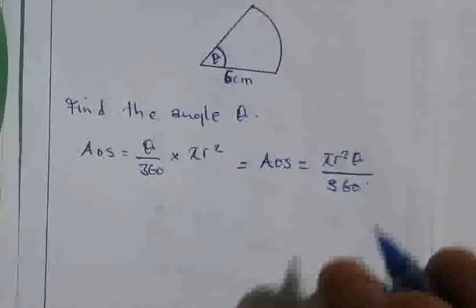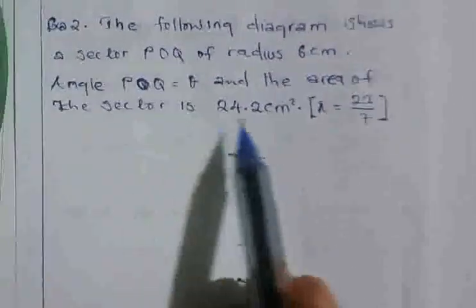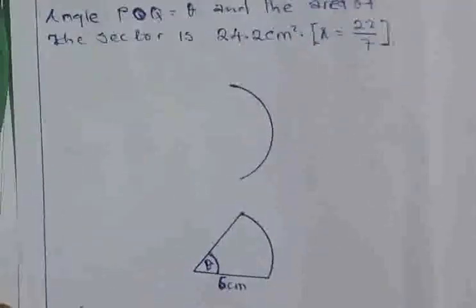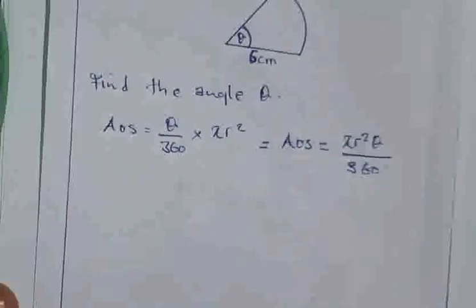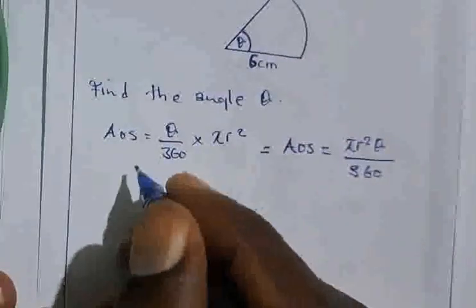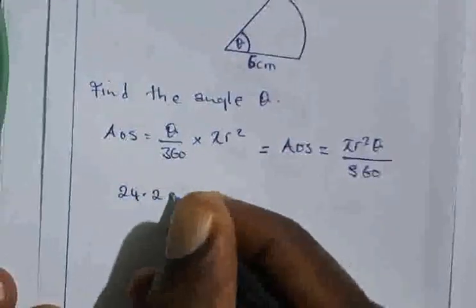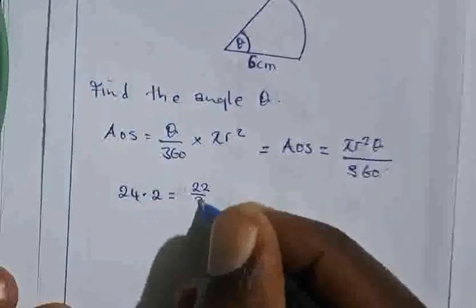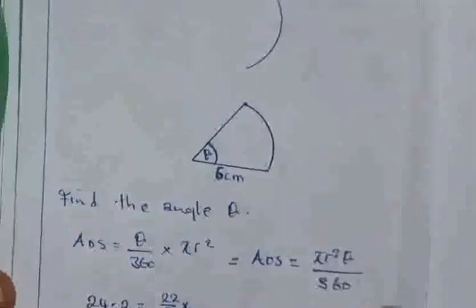Okay. Let us substitute. We already have this area of the sector, isn't it? Because we're given in the question that the area of the sector is 24.2 square centimeters. So we're going to substitute here. So on substituting, remember, area of a sector here, it's going to be 24.2 is equal to pi, it's 22 over 7 times r, it's 6, isn't it?